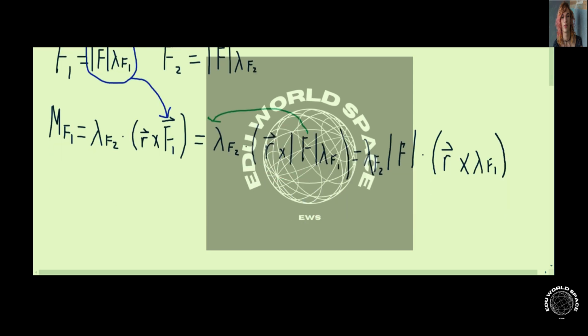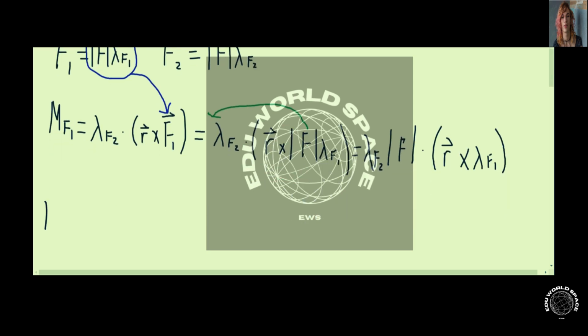And next I'm going to write out the moment for the F2 vector. So the moment of F2 is going to be equal to the unit vector of F1 dot the negative r vector cross F2 vector.